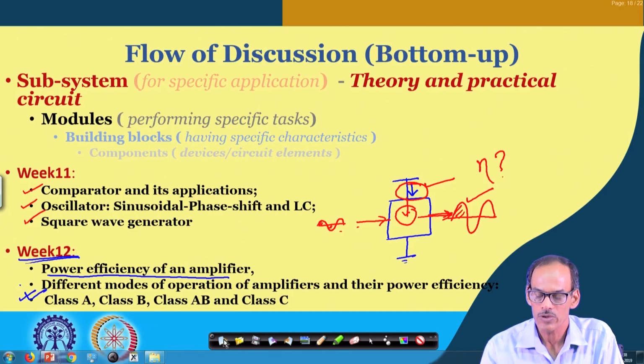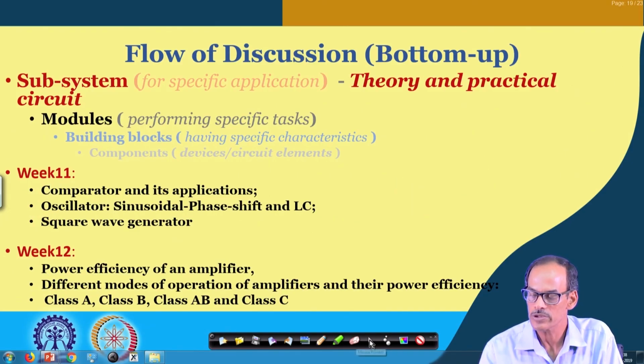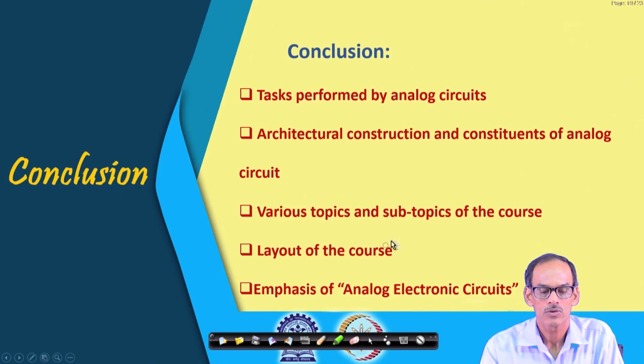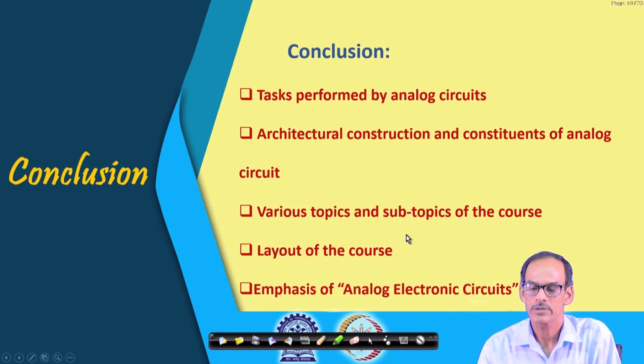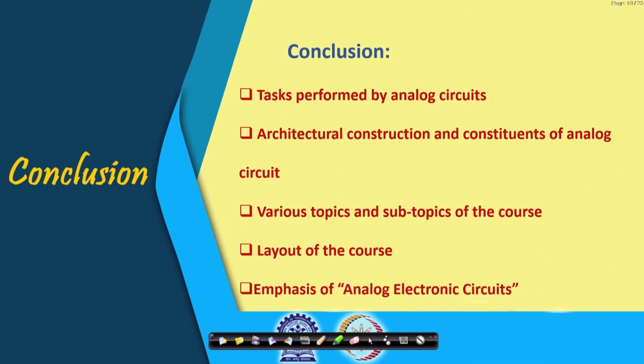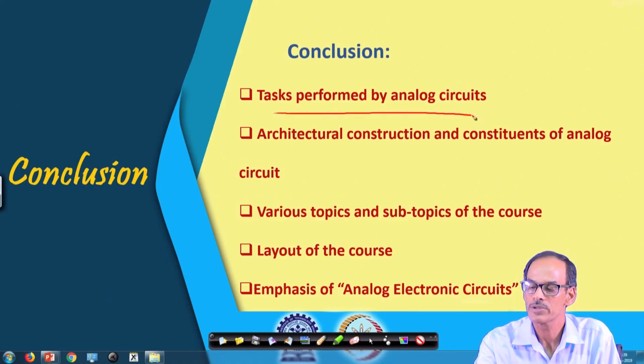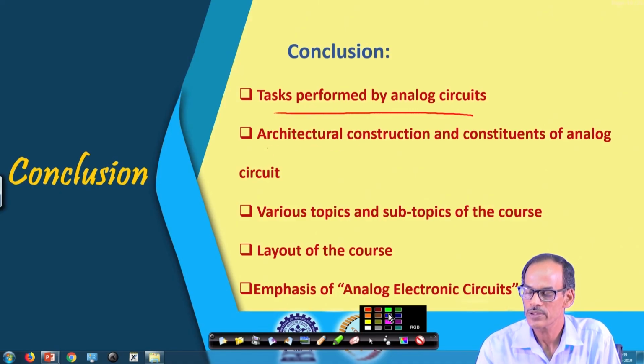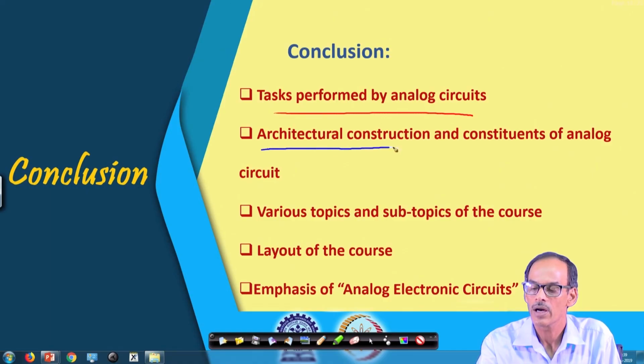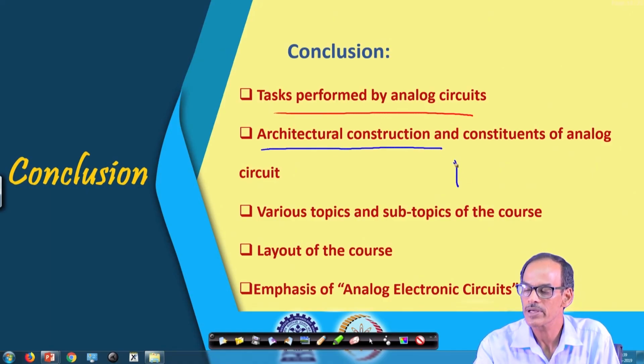Yeah, so that is the overall plan of this course. What we have discussed in today's module: what tasks are performed by typical analog circuits, what the different building blocks within analog circuits are, namely how we split a system into different modules, building blocks and then components.